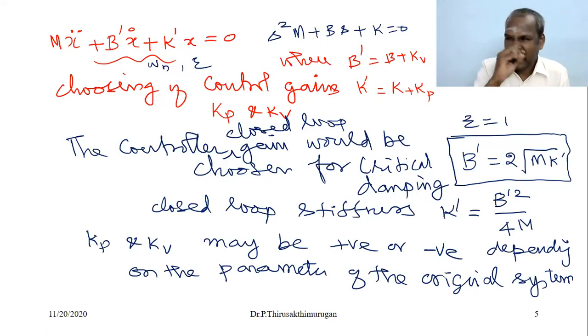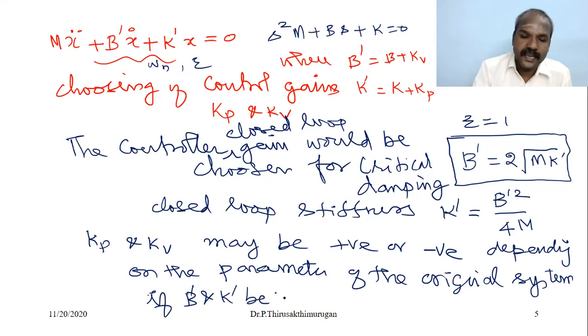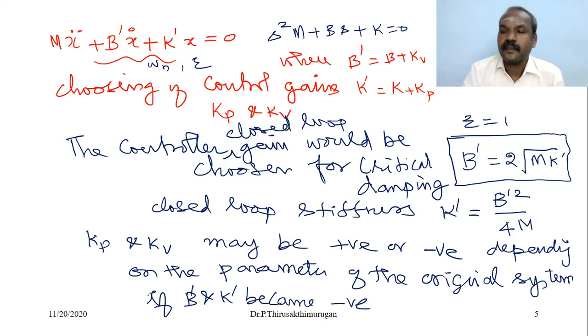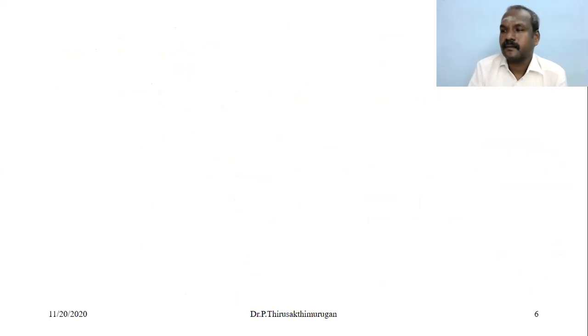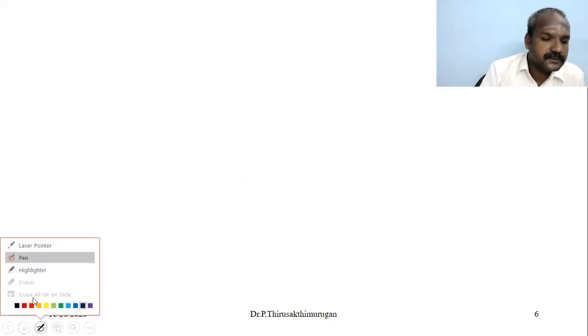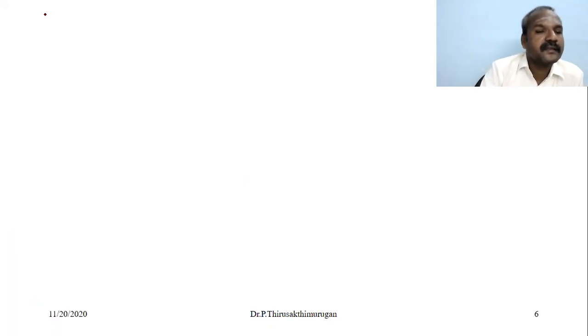However, if b dash and k dash become negative. Let us see one simple example.